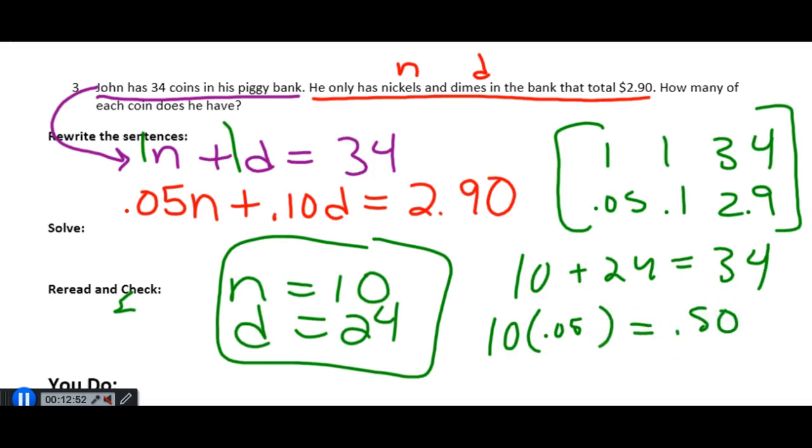And if I have 24 dimes and they're each worth 10 cents, that's going to be $2.40. And if I add that up, I get $2.90, which is what my problem said I should have.